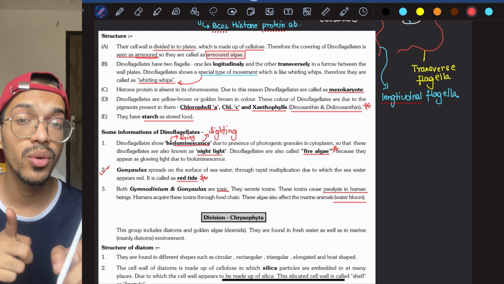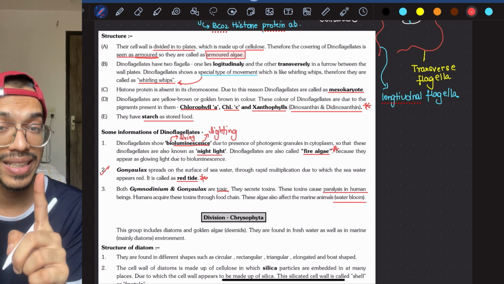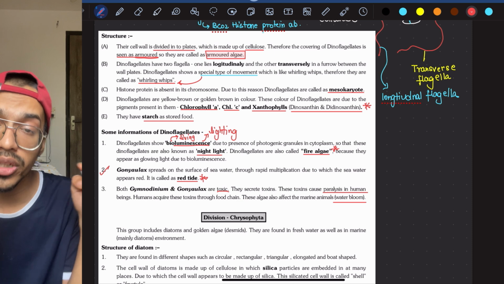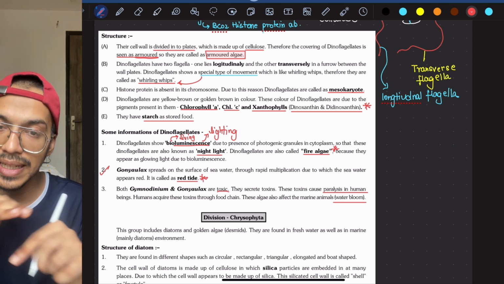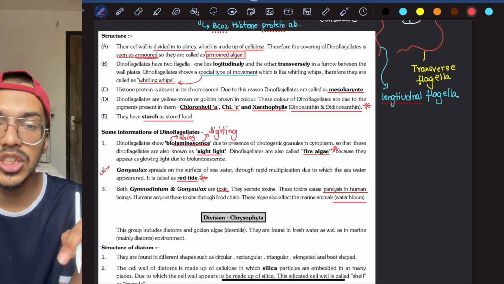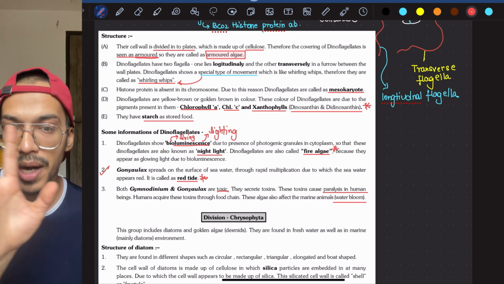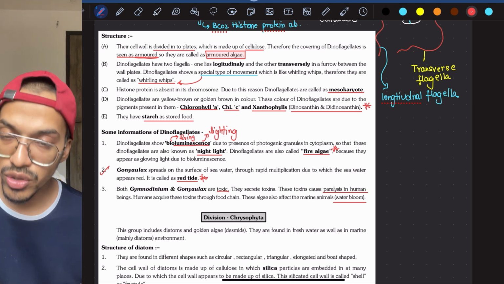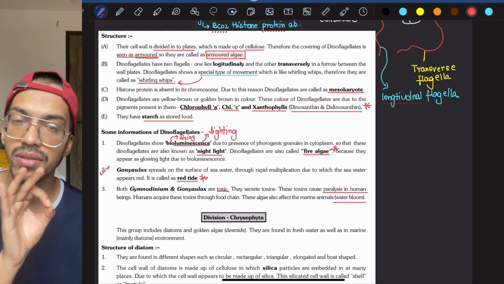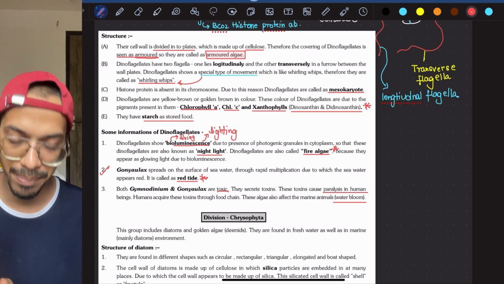Water bloom is what? We know this with respect to cyanobacteria. Here also they cause a water bloom, where they spread so much they take up all the oxygen, they release toxins, and everyone dies. That is a part of water bloom. This is with respect to your dinoflagellates. So two examples are given which you have to remember.